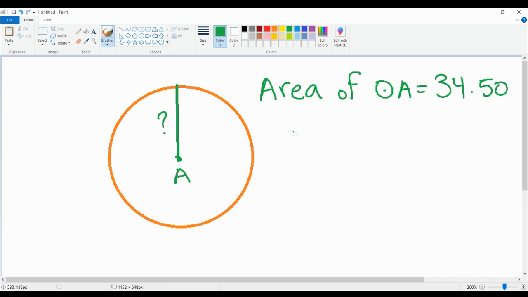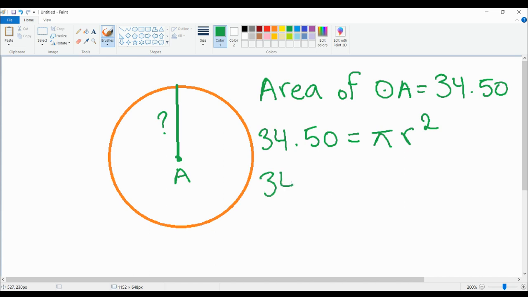Okay, so let's set this up. When we take the area of circle A, we have to set up an equation. So the area, 34.50, is equal to the formula, pi r squared.